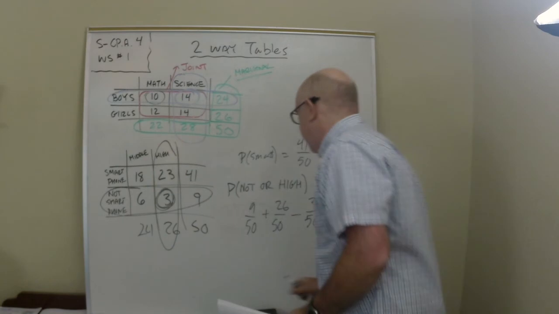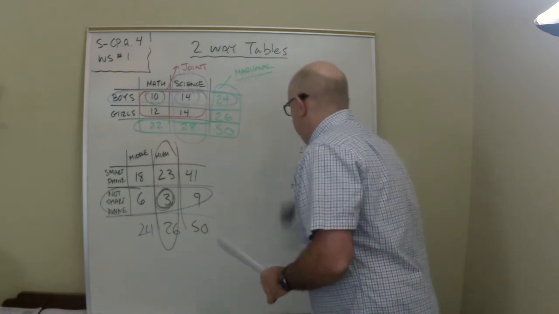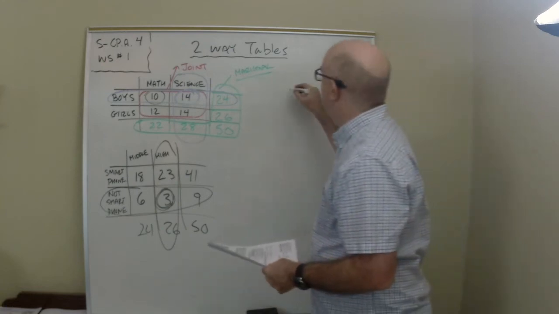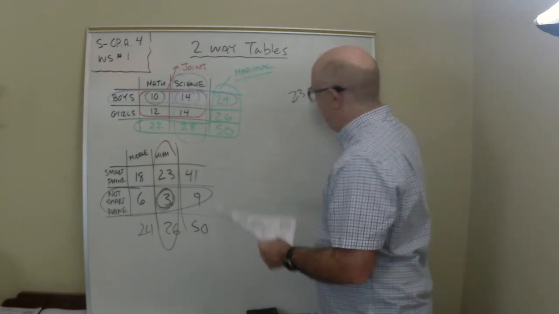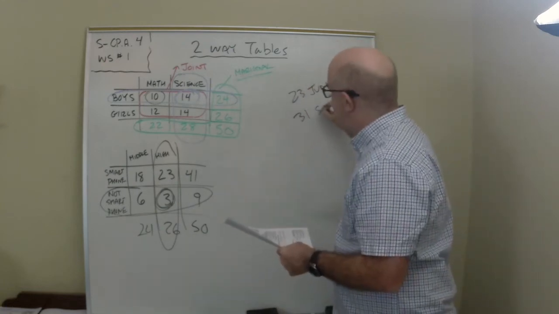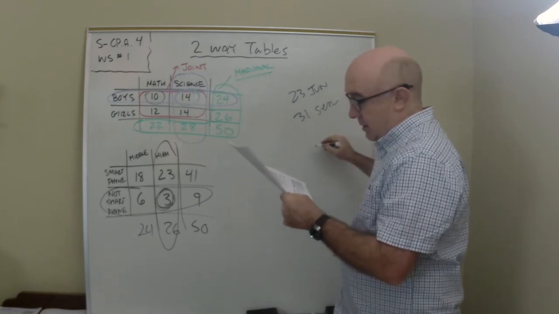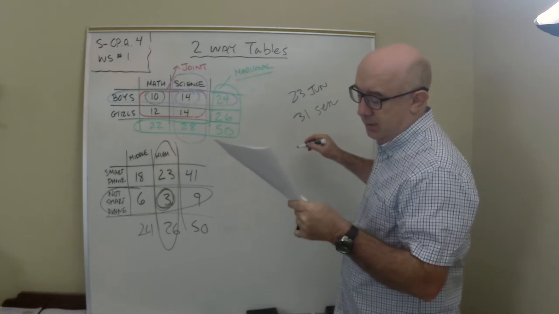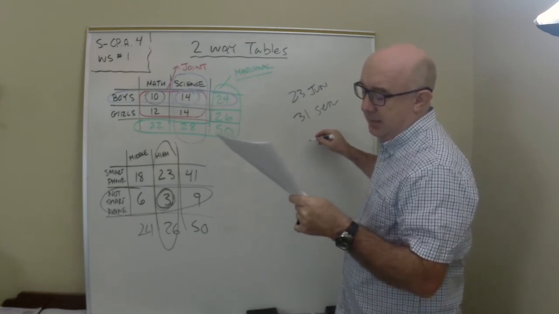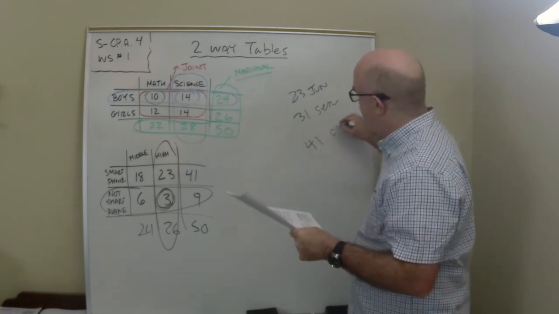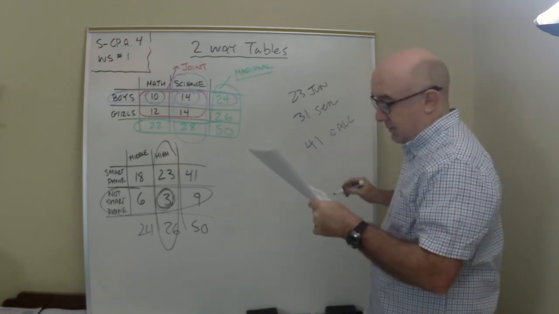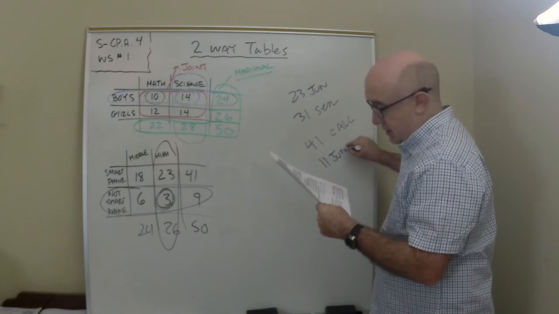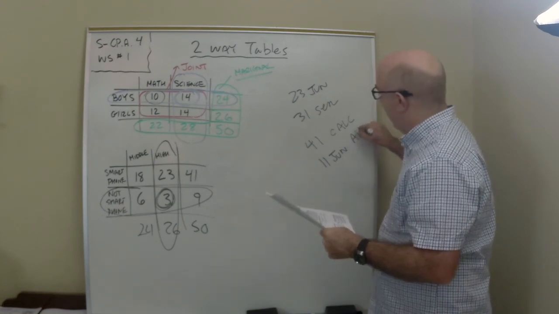The last thing I was going to show you is how to create one. Let's do one here. 23 juniors, 31 seniors. They asked about whether they liked AP World or AP Calc. 41 liked Calc. 11 juniors liked AP World.